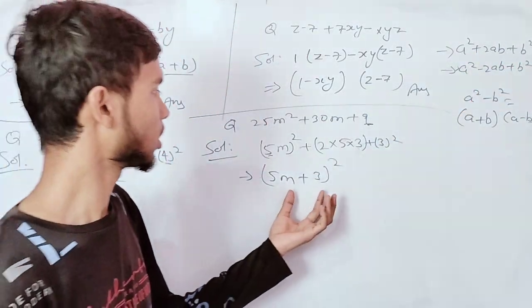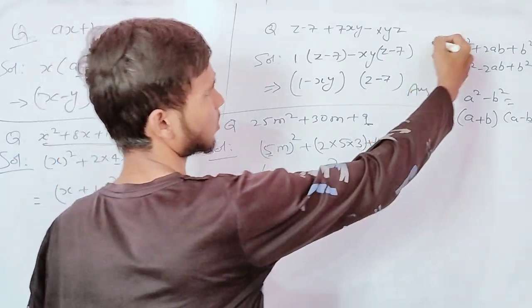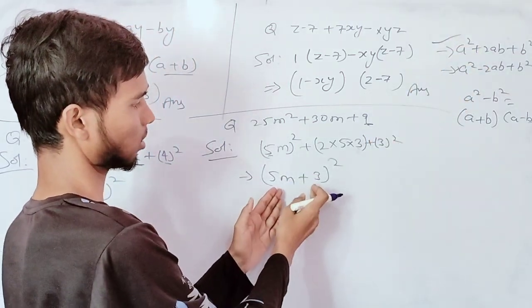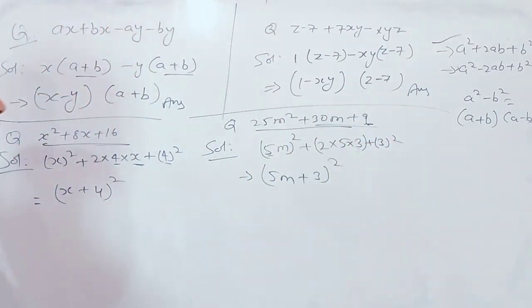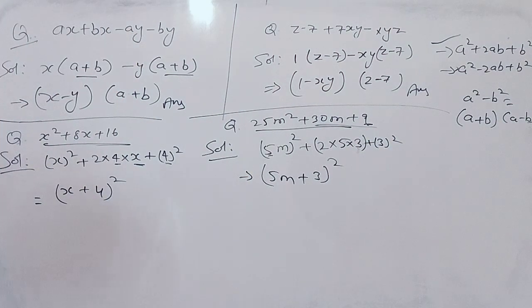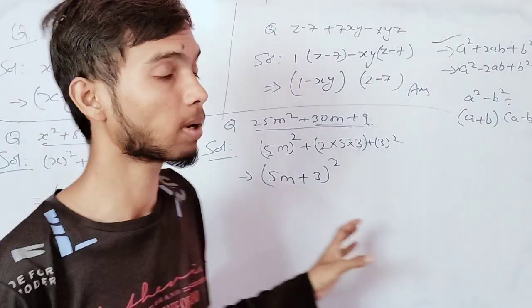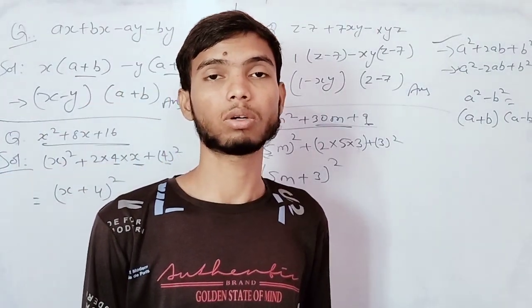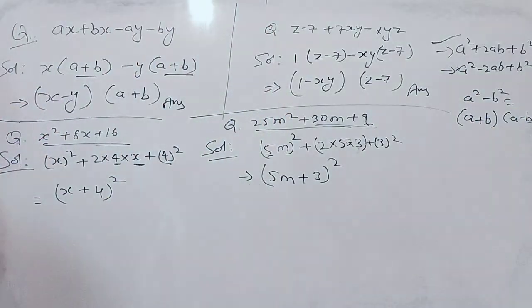Clear? Now, if you don't believe it, when you apply this formula, you will get this same result. Clear? This is the same. Now, how do we check that we can apply the algebraic identity in that question? It is a main question.